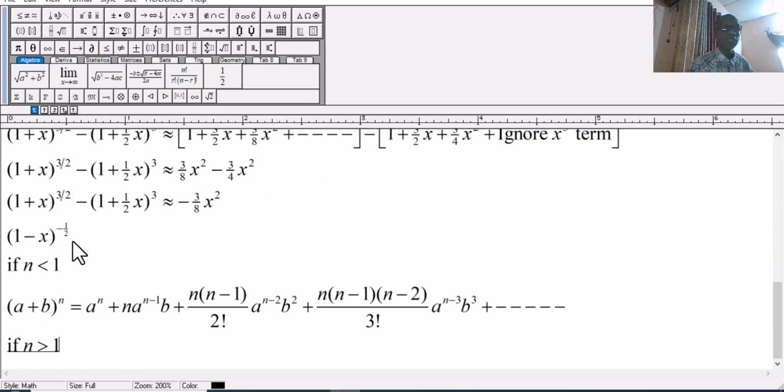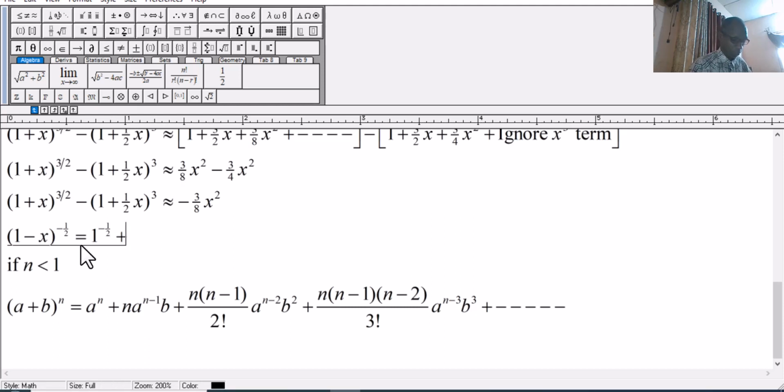So I'm going to copy this so that you see what I'm doing clearly. So I'm going to expand this. Just follow along as I do the expansion. I will still clean it up so that you will see that this is our n. Our n is minus half, and minus half is less than 1. So we want to use this. So I'm going to start now. So we have 1 raised to the power of minus half.